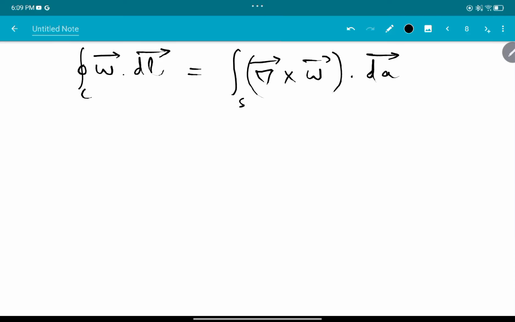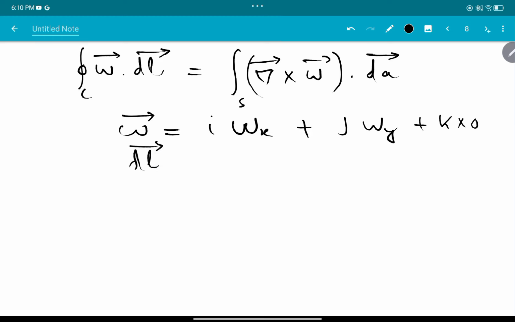Now let me use W equal to i Wx plus j Wy plus k Wz, that is 0. Similarly, we have the small length element dl, i dx plus j dy plus k dz, 0.